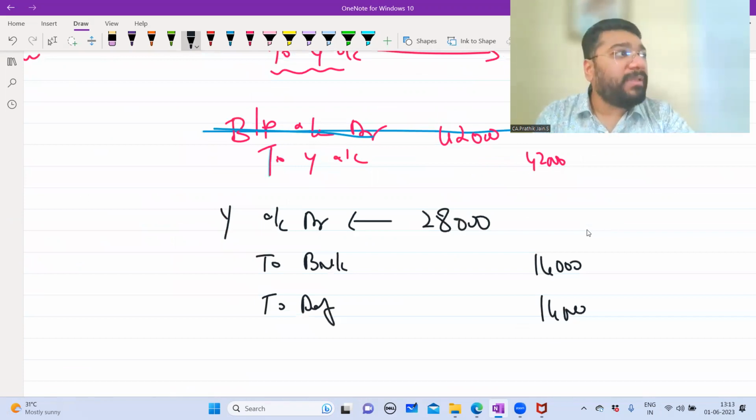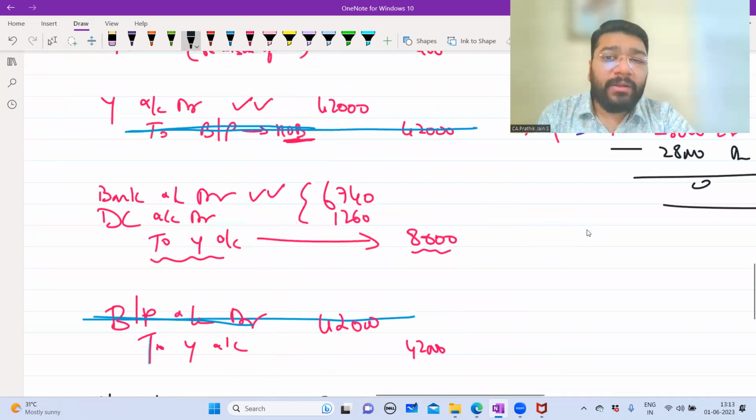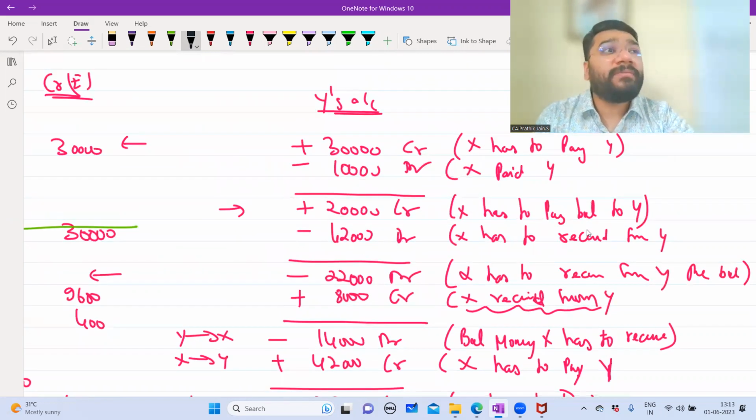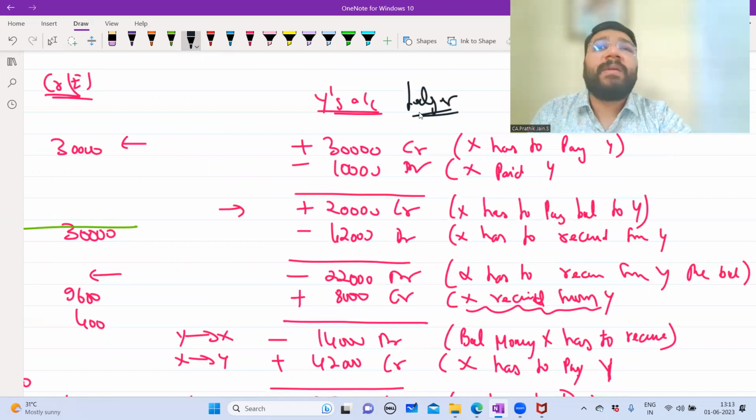To check whether the balance is becoming 0 or not, we are capturing all the journal entries in Y's ledger. So this Y's account is nothing but a ledger, but the format of this ledger is not the T-shaped format. This is a statement format. Why? So that I can do plus and minus easily. Imagine if I do a T-shaped ledger, one amount will be recorded in debit, another in credit, and every time I have to sit and balance.